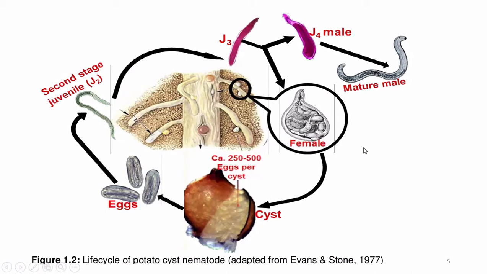Then it damages the root system. They suck the root sap, and then they reproduce and produce nematode eggs inside the female body. This is the cyst. After the female dies, her body remains as the hard outer cover. Then when the suitable time comes, it will burst and the eggs will come out and the next generation will start.